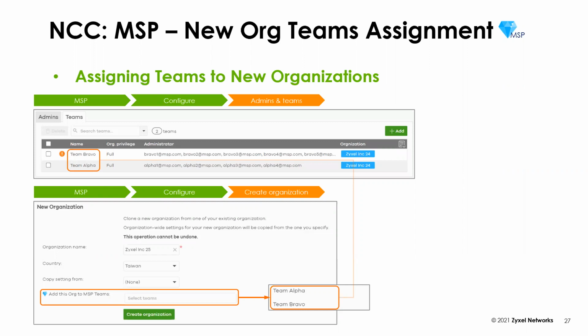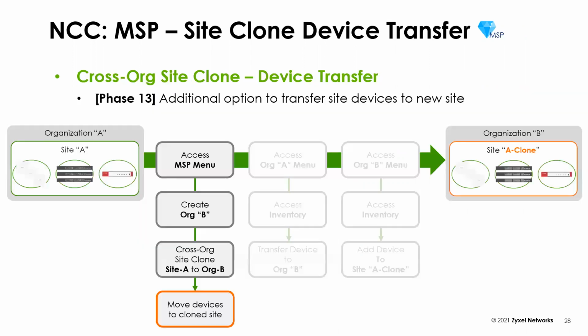We've now added the ability that when you are configuring a new organization through the MSP tab, you are given the option to choose which teams you want to assign to that organization. Whereas prior to this, you would create the organization, then you would have to go over to the organization, pull up the users tab or the admins page there, and then select the teams from it. So it just makes it a little bit simpler as part of the creation process of a new customer in Nebula.